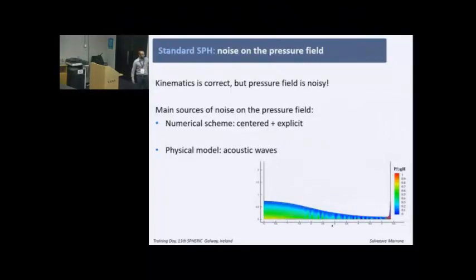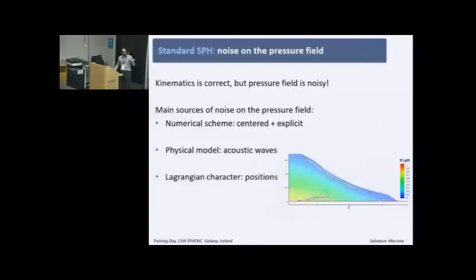The fact that in this problem we are weakly compressible, so we have sound speed, we have acoustic waves, and these acoustic waves are produced at each impact, for example, and then they evolve and they are dispersed. And a third element is the Lagrangian character of δ-SPH.